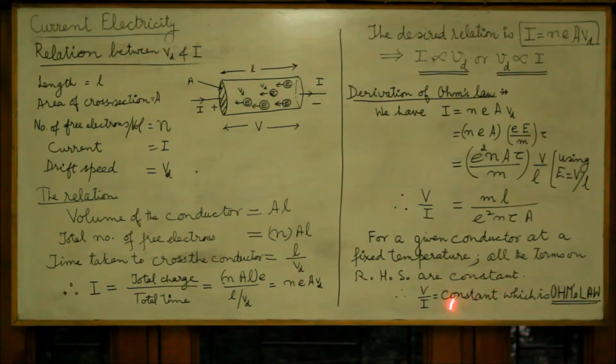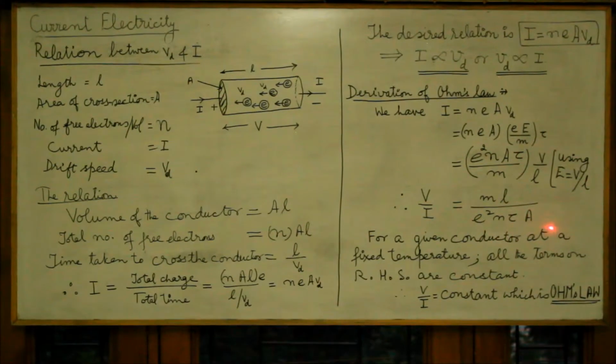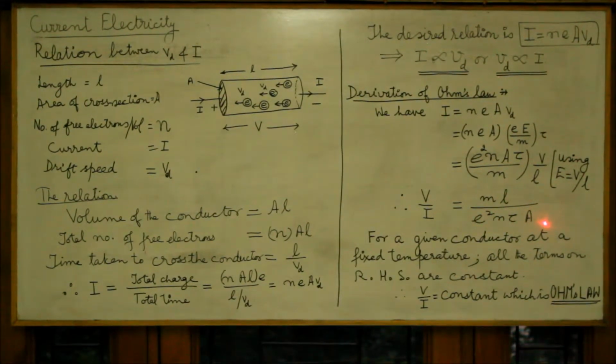You know this constant is written as the resistance. So it also leads you to the expression for resistance as R is equal to mL over e square n tau A. However, remember that the relation is valid under certain conditions.